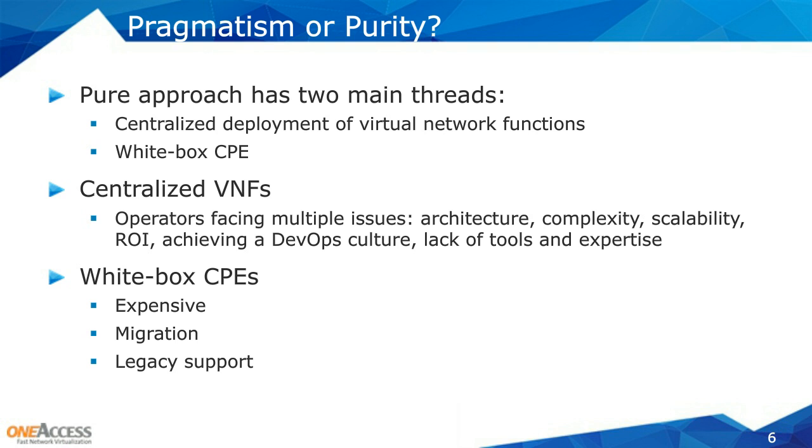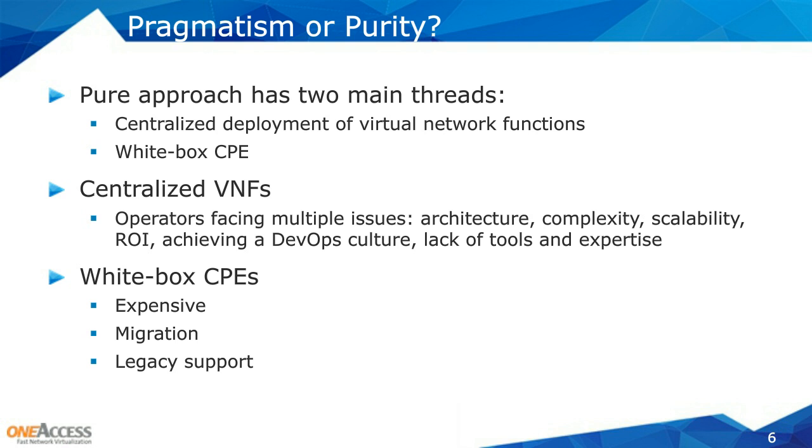Broadly, the centralized VNF approach is causing the operators a lot of headaches. They still have to decide on the architecture for deployment, what goes where in the network, how it's distributed across their network. Complexity is another big issue. This is quite hard to do.